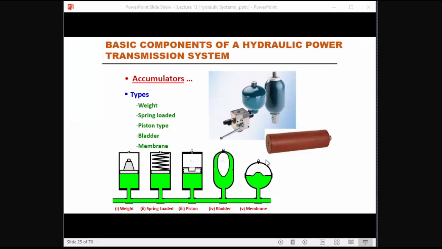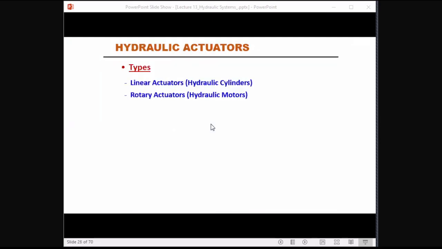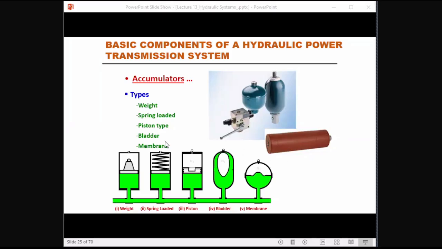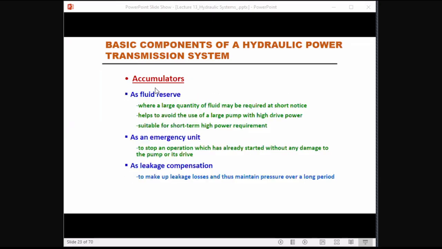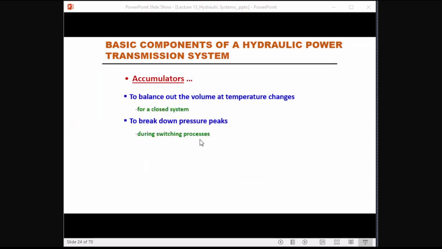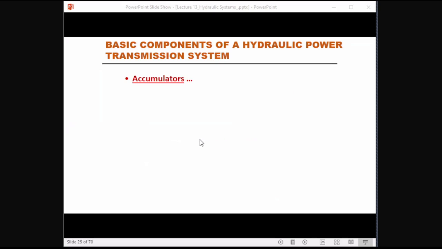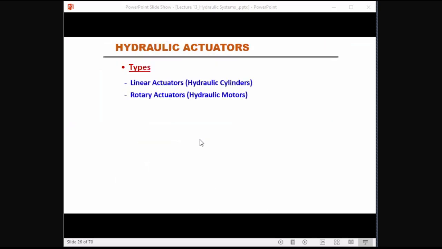And here you can see a membrane accumulator. Okay, basically these are the basic functions we need to know about the accumulator. Okay, so these are the types.